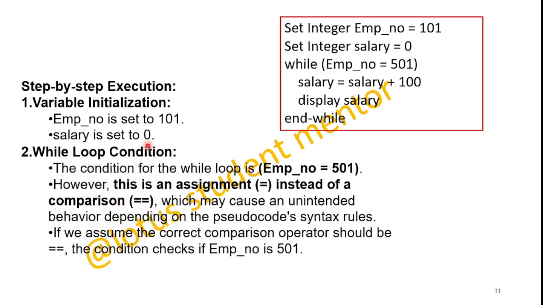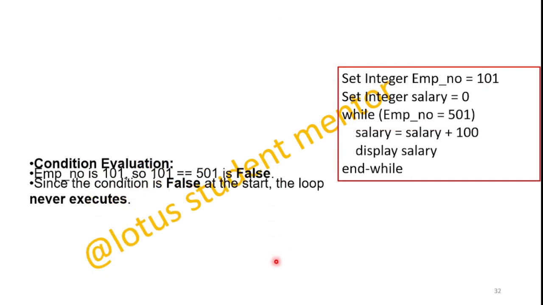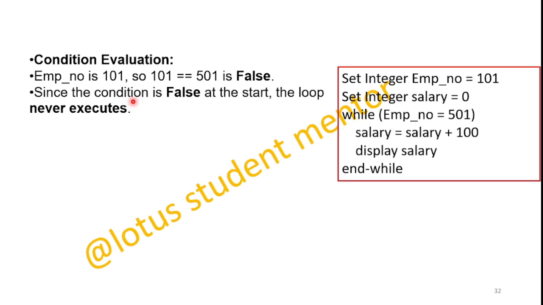Now employee number is set to 101 and salary is 0. Now you understand, employee number equal to 501 here is an assignment instead of a comparison, which may cause unintended behavior depending on the pseudocode syntax rules. If we assume the correct comparison operator should be double equal to, then 101 double equal to 501 is false.